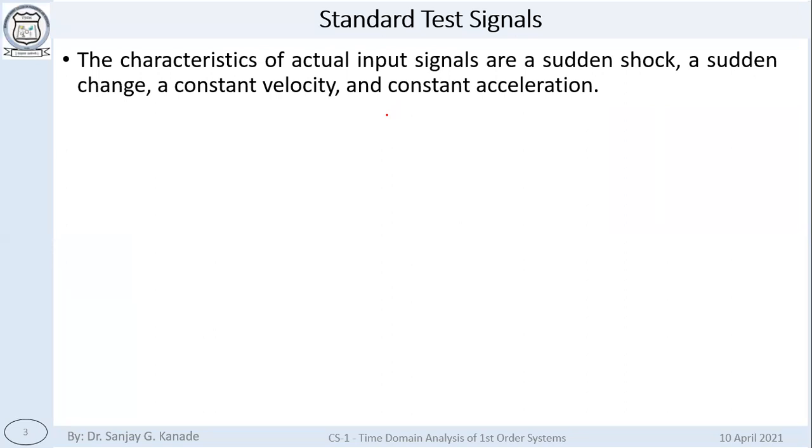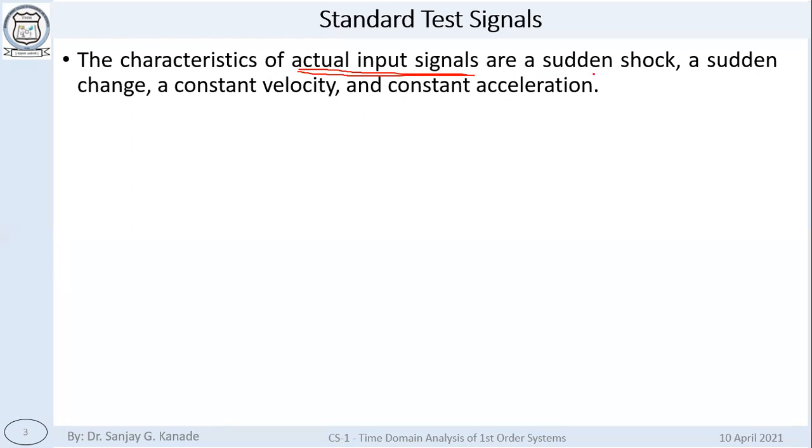The characteristics of actual input signals, meaning the real life signals which the system is going to face when it goes into the field, are generally of 4 to 5 types.